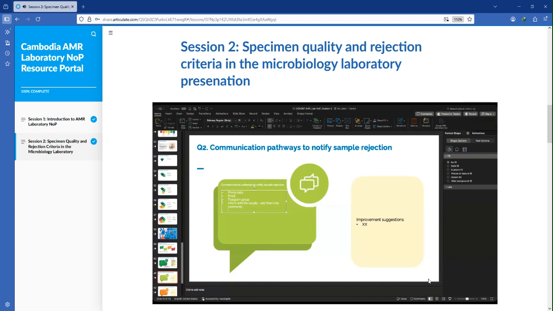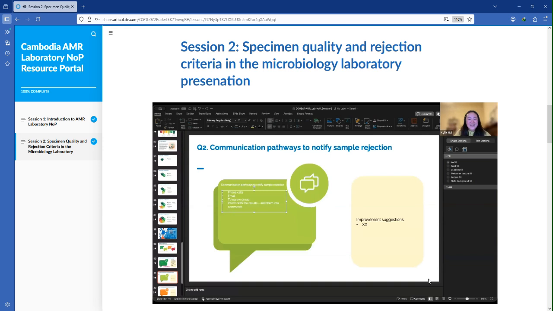So I guess the sample would be like urine processing, and we also determine the acceptability by microscopic examination. Yeah, exactly. Cool. Any other communication pathways you can think of? That's all? Okay, no worries.